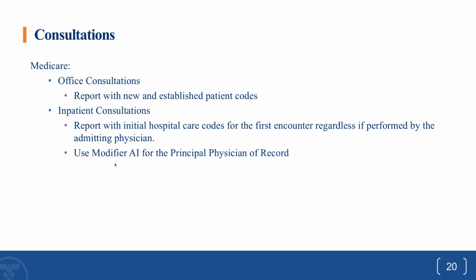When he bills his 99221, he's going to append modifier AI to let the insurance company know. And this is how I remember it. I'm like, AI am the chief person in charge of this patient, right? Because if he calls in a gastroenterologist to come see me, to consult with me, that provider now is still going to have to use 99221 because they no longer use consult codes.